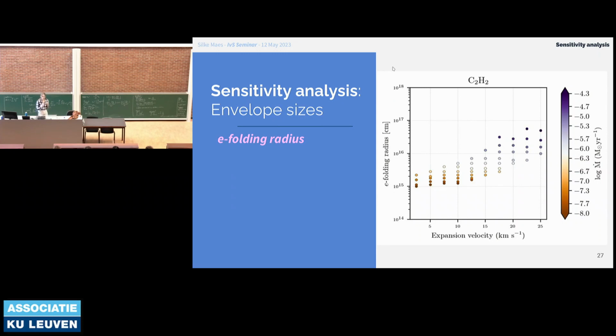And what can we do now, or hopefully people will do now, if they observe a source and they estimate the parameters of this outflow to be a mass loss rate of about 10^-6 and an expansion velocity of about 15 kilometers per second, they can say that their observations coincide with a certain dot in this plot.